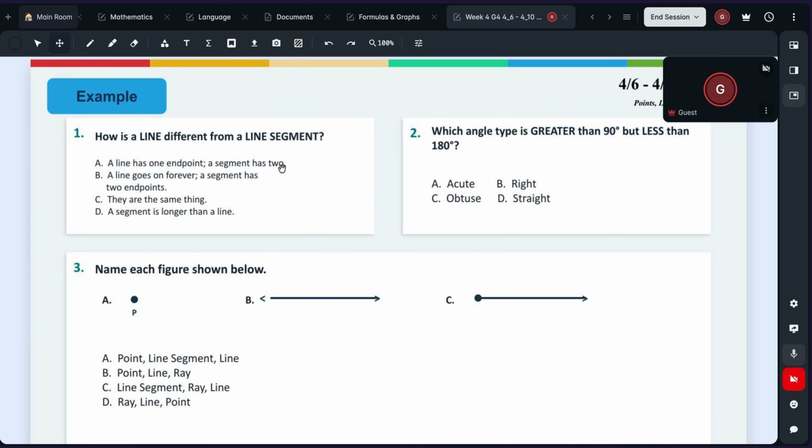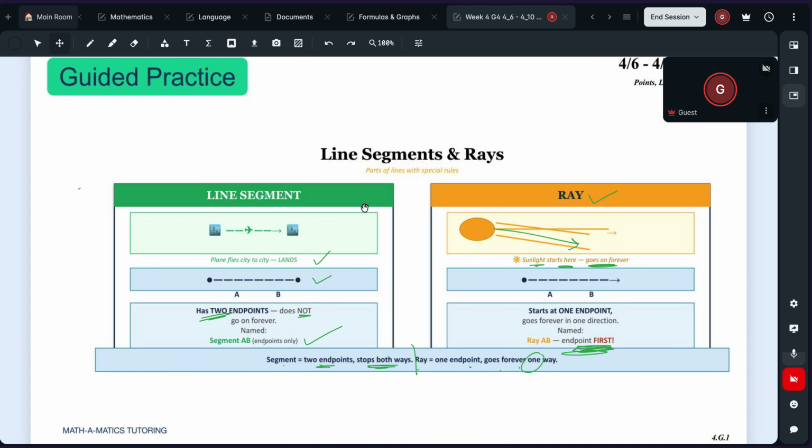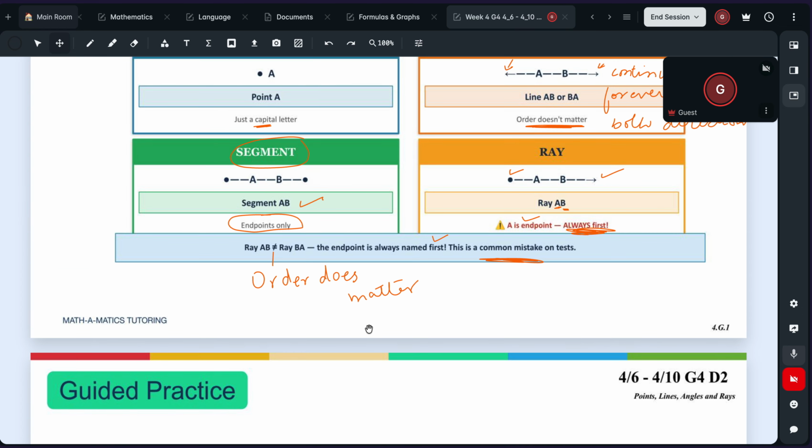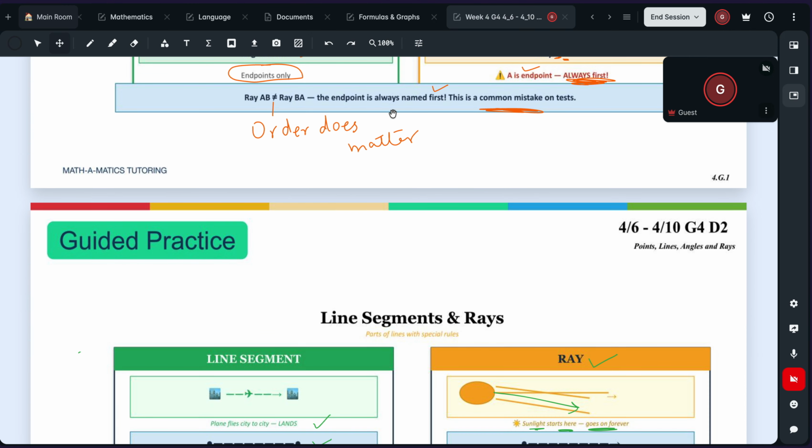Let's see how many endpoints a line and a line segment have. A line has 1 endpoint. Is it true or not? We discussed that a line goes on forever in both directions, and a segment has 2 endpoints.